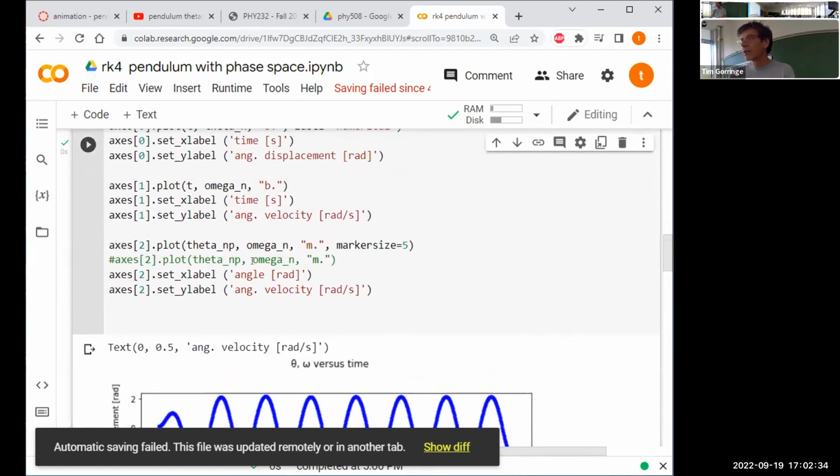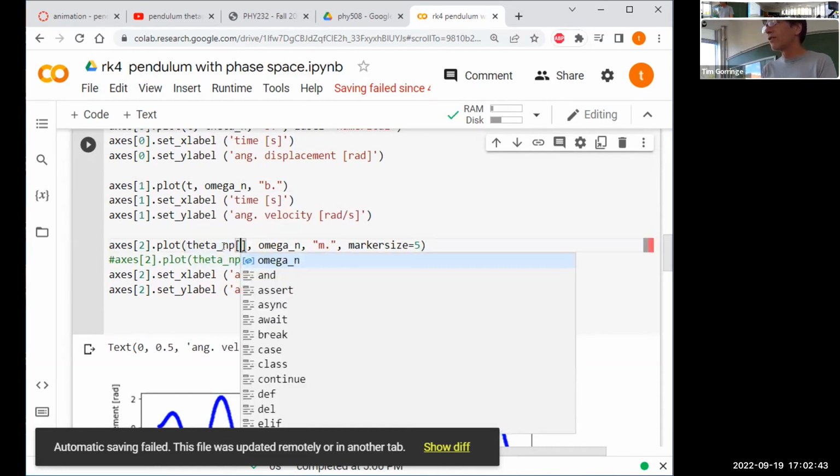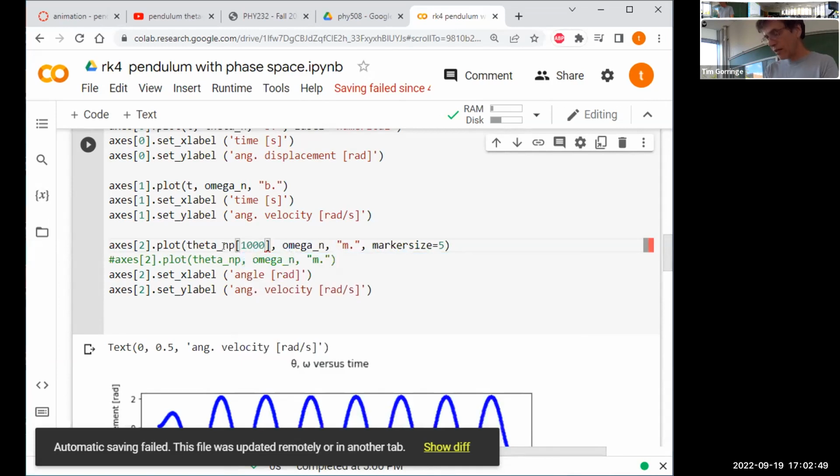I can show you that a little more carefully if I slice the data of theta versus omega that I'm plotting. I'm just going to plot from 1000 to the end of the time bin. So I've got 2000 time intervals. I'm just going to plot the last 1000 of them.